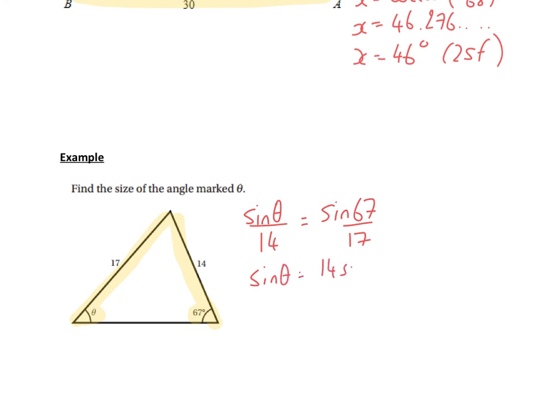So 14 sine 67 divided by 17, which gives me sine theta is 0.758, etc. Now I'm going to do the inverse sine of that answer, so I'm going to use the answer button again.